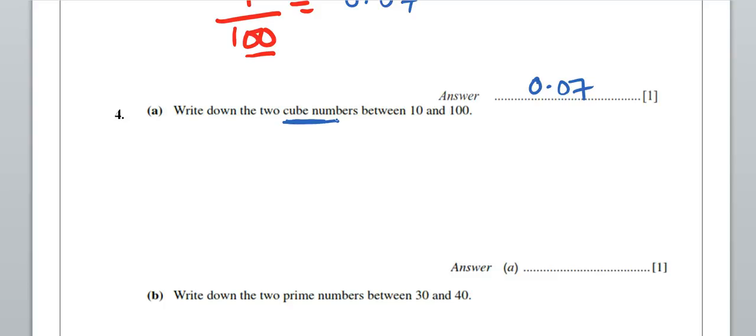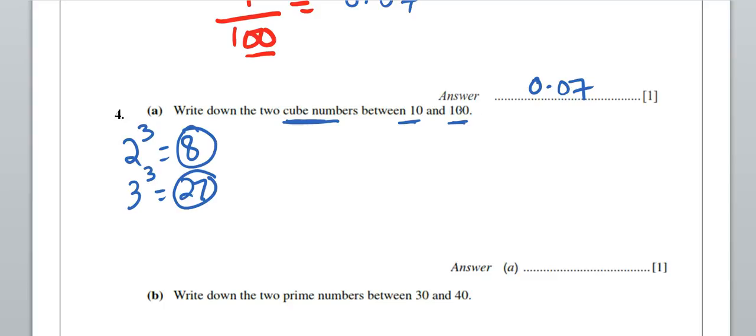The easy way is this: if you memorize that the cube of 1 is 1, the next number is 2, cube of 2 is 8, which is a cube number, but our condition is between 10 and 100. The next number is 3, so cube of 3 is 27, and 27 is between 10 and 100.